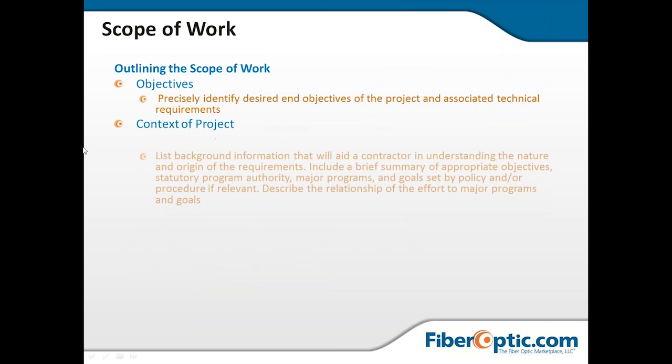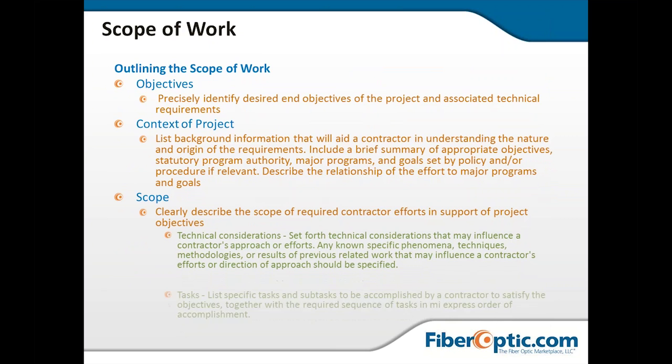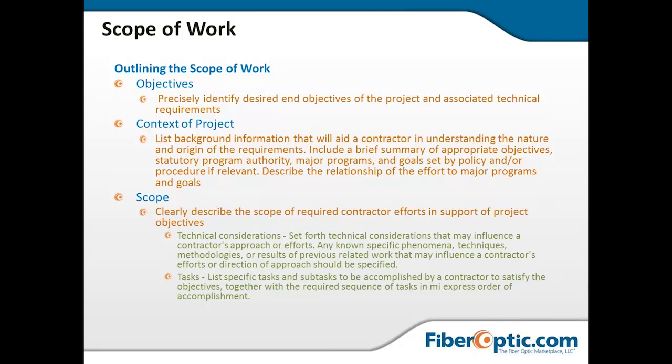So these are some of the elements of what we see in a project scope of work. You need to outline the objectives. Is it clearly identified? Give some context to the project. What is the project about? What are you trying to accomplish? What are your major goals?